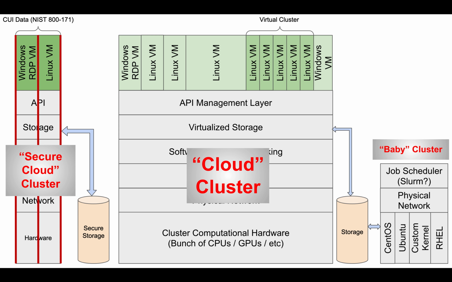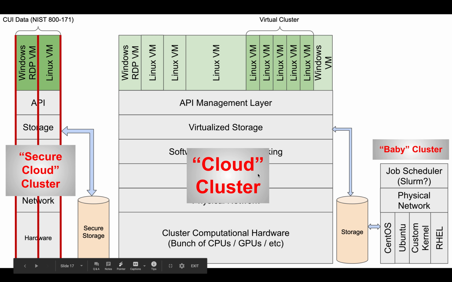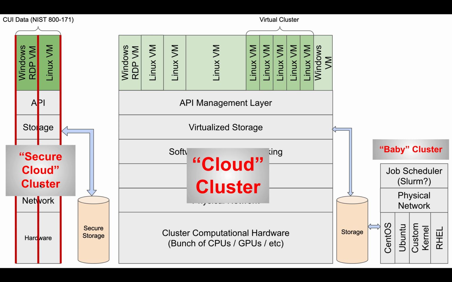And when I've talked to other schools, for example Cornell, that is effectively what they are doing. They have their Red Cloud, which is what we've talked about before, this big middle one. They've got their secure Red Cloud, which is over on the left-hand side, more specific to the secure data, the HIPAA data and all of that. And then they've got a whole bunch of baby clusters that are built specifically to meet a very specific researcher's need.